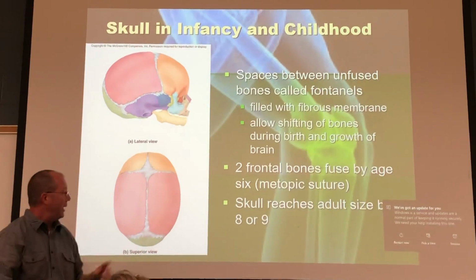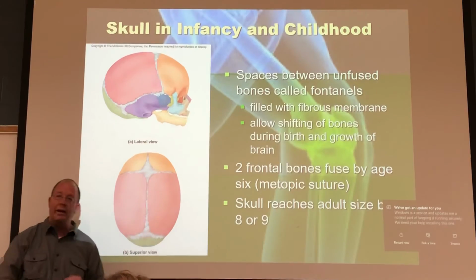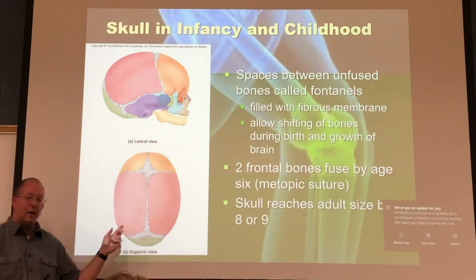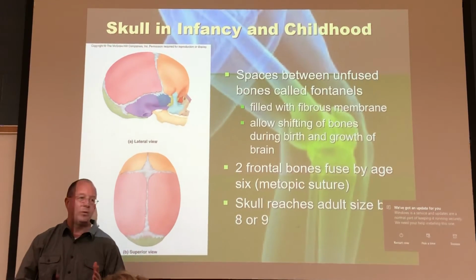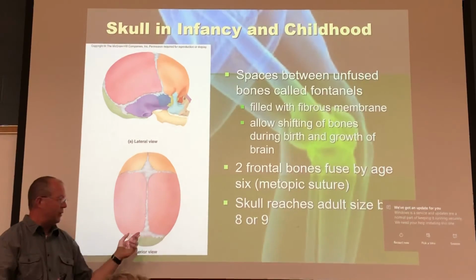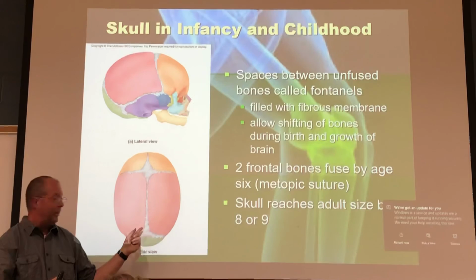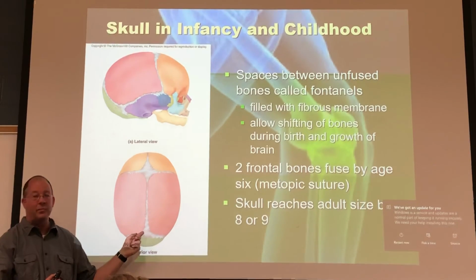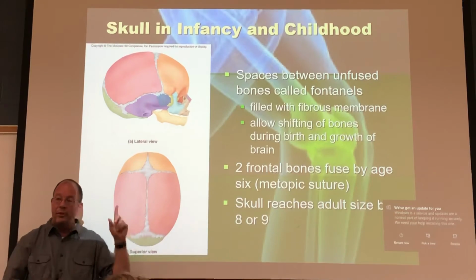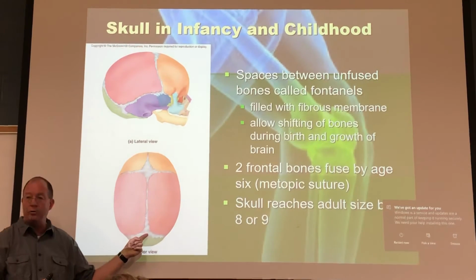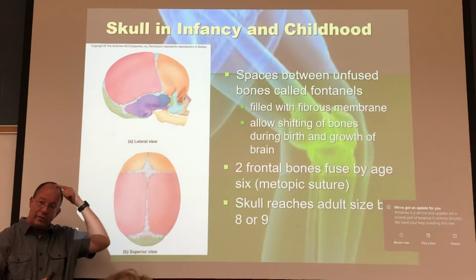I think I told the story in lab on Tuesday, is that I always, as a dad, got really nervous that my kid would fall off something or roll off something and hit something sharp, because there's no protection here. In fact, you can take your finger and take the pulse of an infant because the brain is gonna go like this.